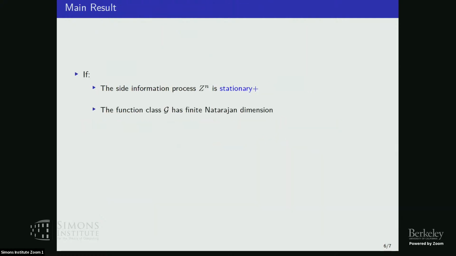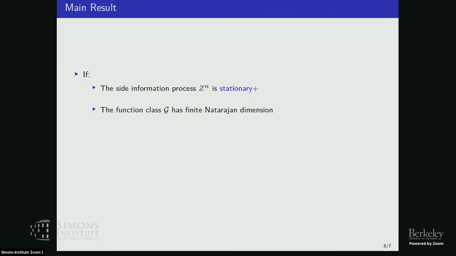So let me just state our main result in words. If the following conditions are met: firstly, if the side information process, what I've written here as stationary plus, because it's almost the same as stationarity, a little more stringent but quite close.